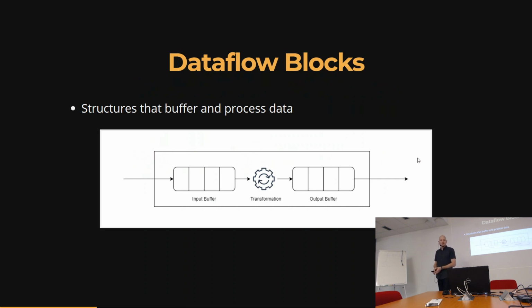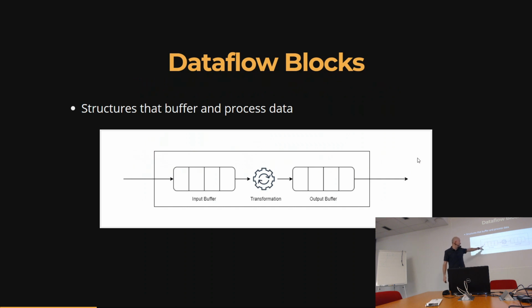Now I would like to tell you a bit more about the components that this library contains. The main components are the data flow blocks. They themselves contain several other components. Usually they are composed from one or more buffers and maybe some transformation tasks. So in general, the data flow block might look like this.